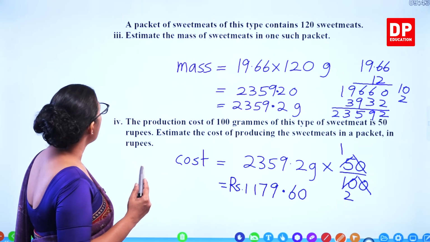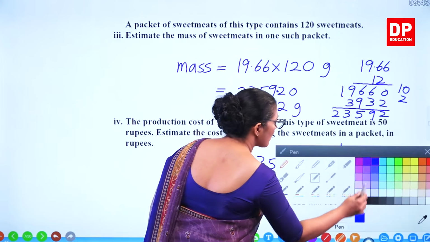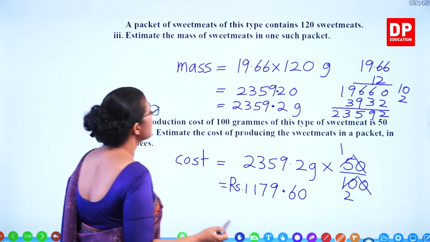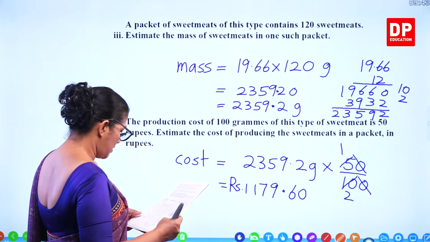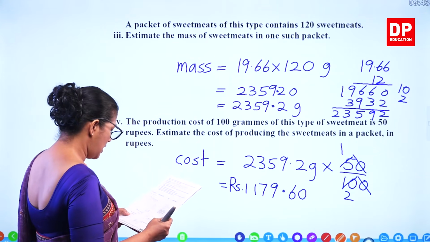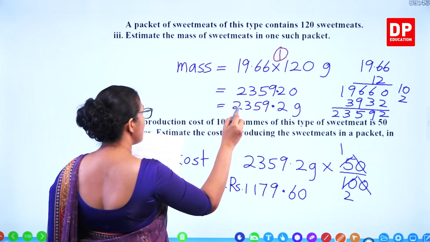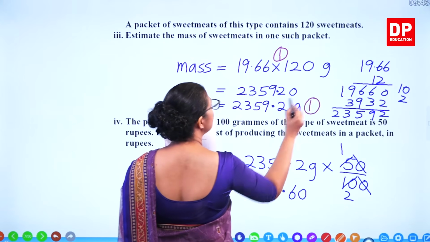Now we can give marks. So those are the 4 parts. We'll look at the marking scheme and see. 19.66 into 120. That's 1 mark for the method. And 2359 to 1 mark.